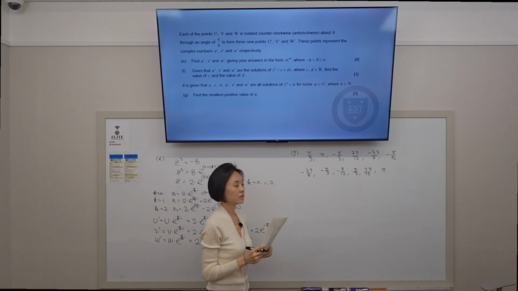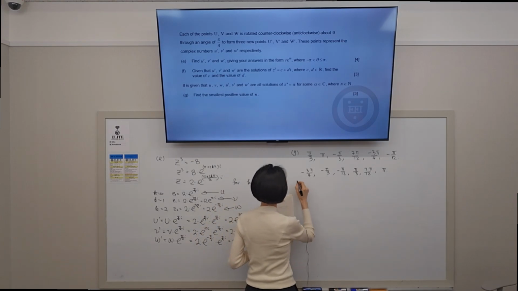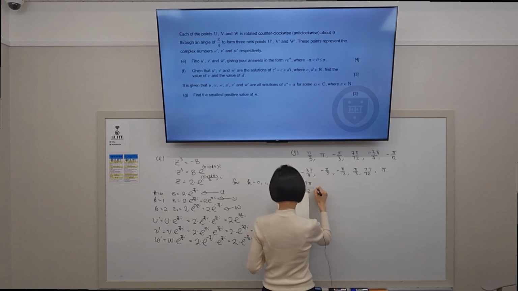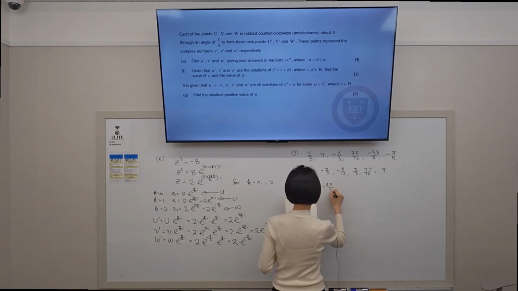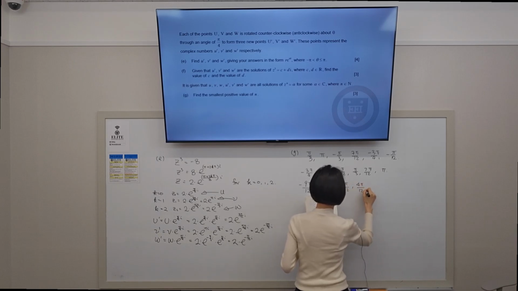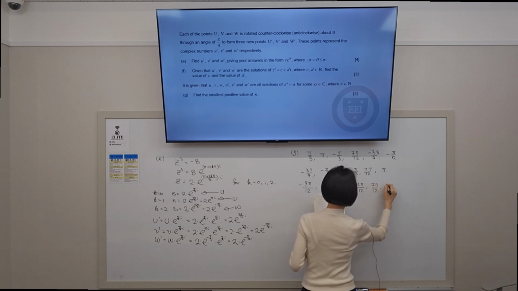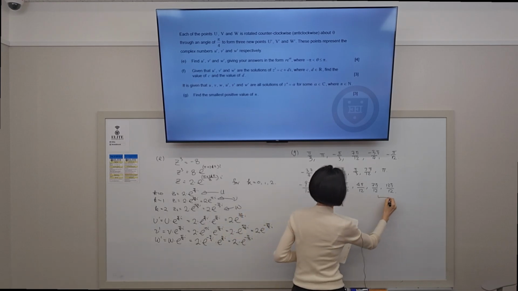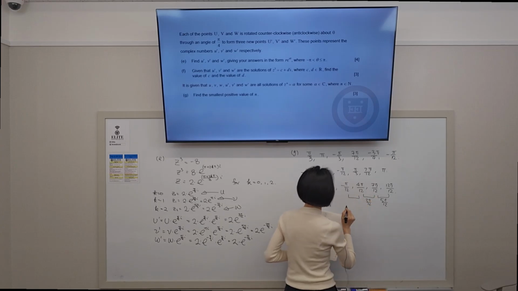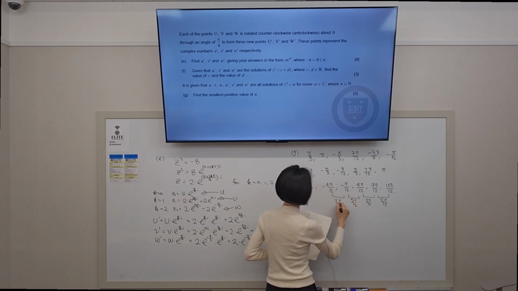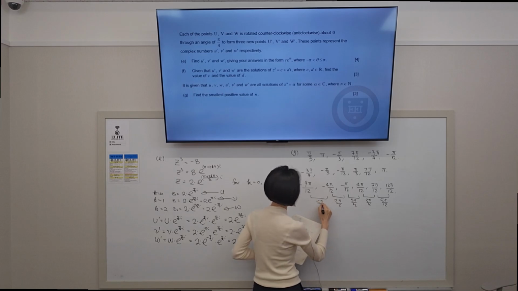If you find the common denominator, which is 12, you can rewrite as negative 9 pi over 12, negative 4 pi over 12, negative pi over 12, 4 pi over 12, 7 pi over 12, and 12 pi over 12. So the differences between these angles are 5 pi over 12, 3 pi over 12, 5 pi over 12, 3 pi over 12, and 5 pi over 12.